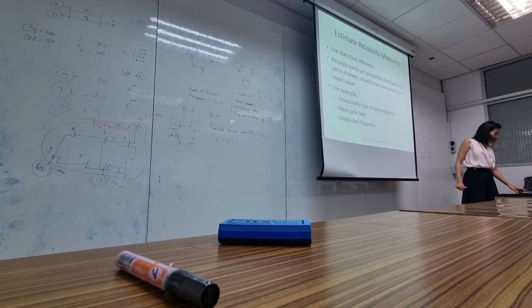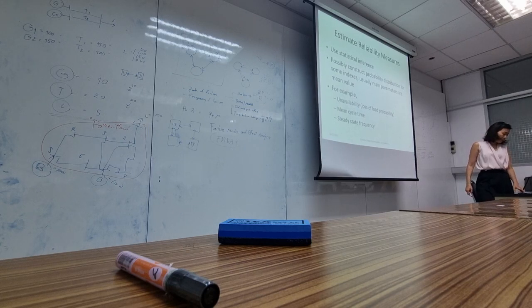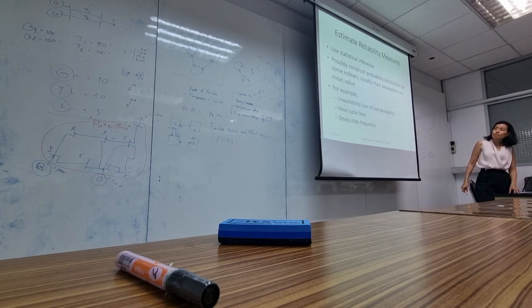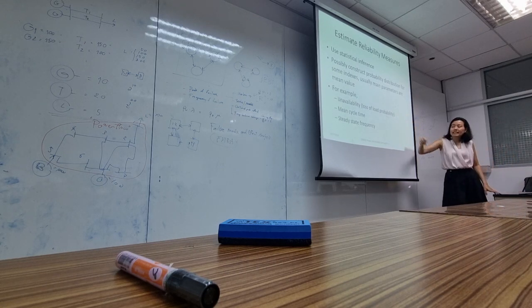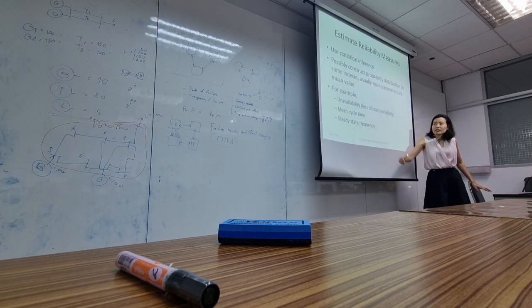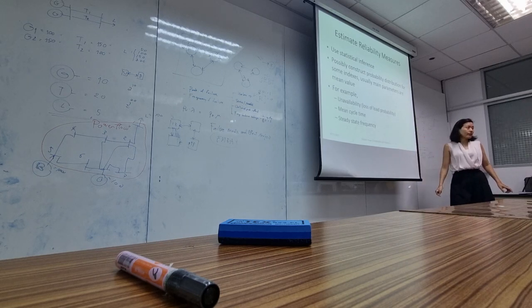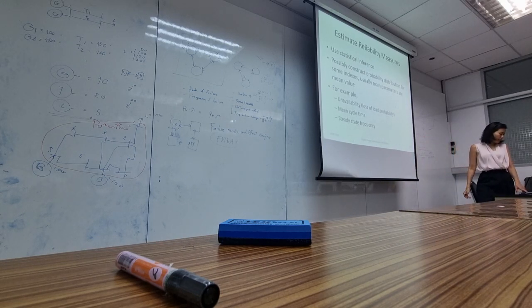After the simulation, we estimate the reliability measures. So we can construct the distribution for some index, okay, like the mean, the average value. For example, the loss of load probability, the mean cycle time, and the steady state frequency. These are all the reliability measures that we can calculate.